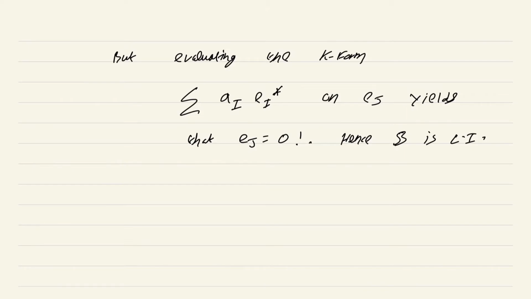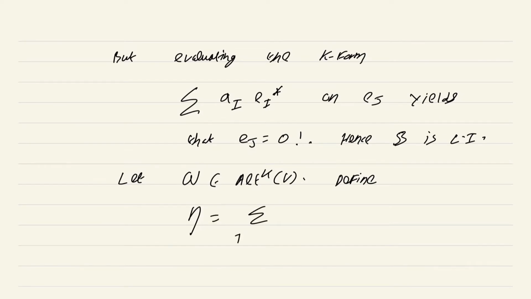Now how do we know that this is going to be a spanning set for alt kv? Well, we do the usual tricks. Take an element omega in alt kv, define eta to be just summation over I and k omega of ei star.